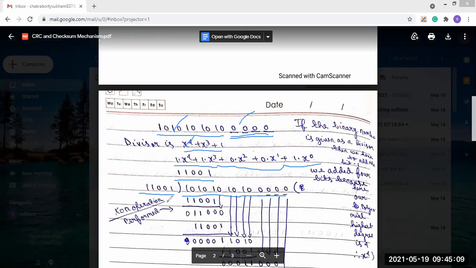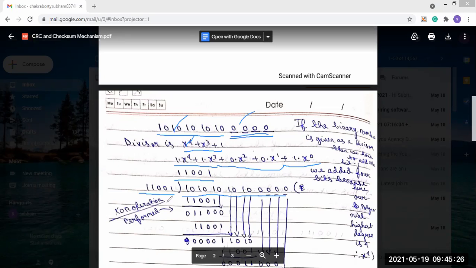Now we will perform the XOR operation. We will not perform binary division; we didn't do the division. Here we will only do the XOR operation.